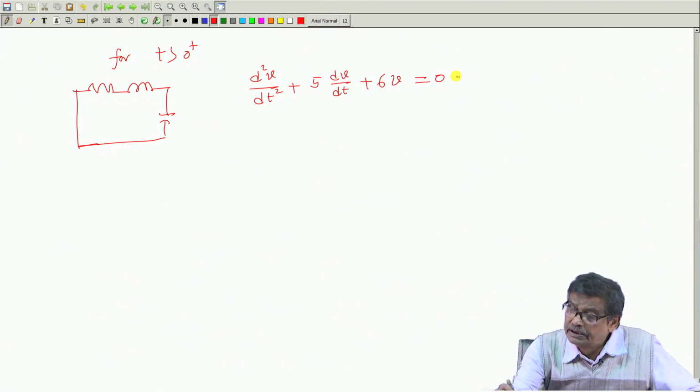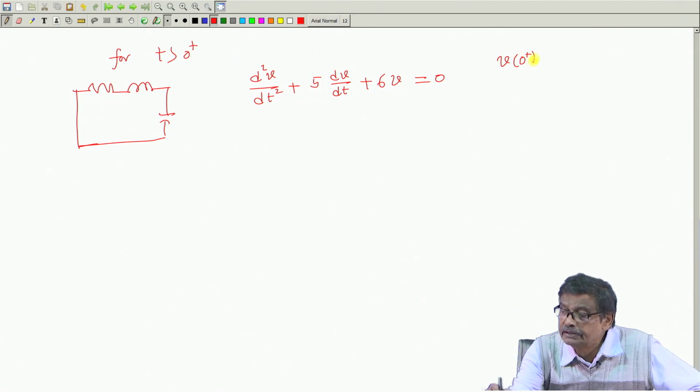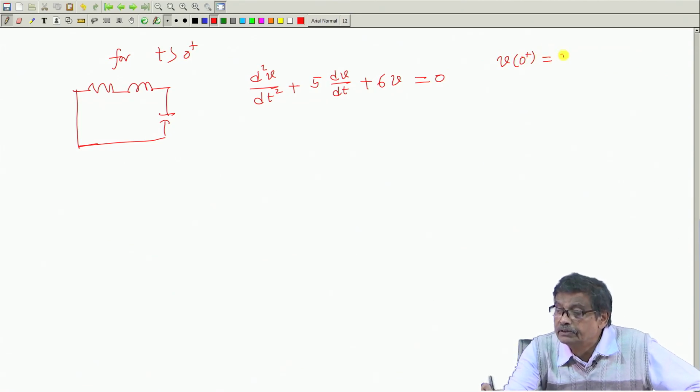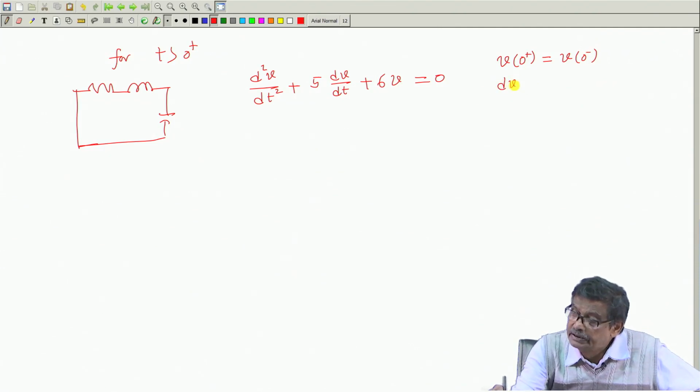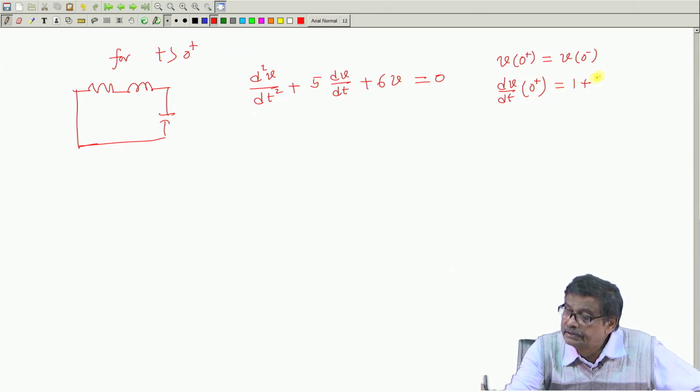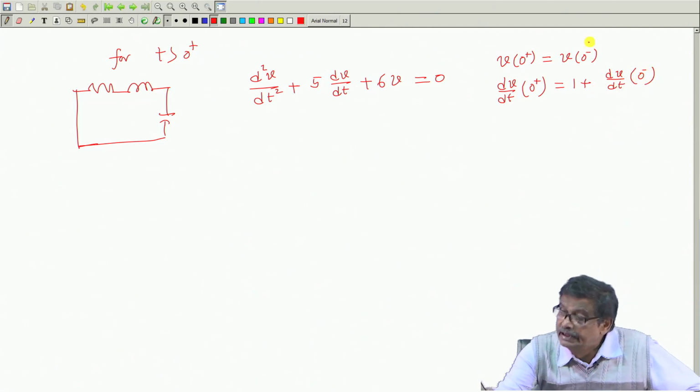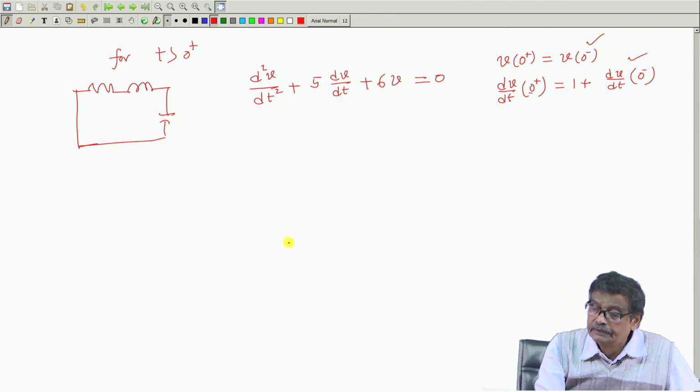And what are the boundary conditions? V(0+) is known, equal to V(0-), and the second boundary condition, because two are needed at 0 plus, is 1 plus dV/dt at 0 minus. These were given to me, so I will be able to calculate these two.